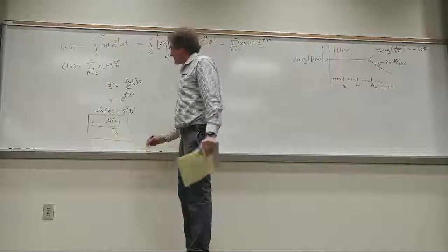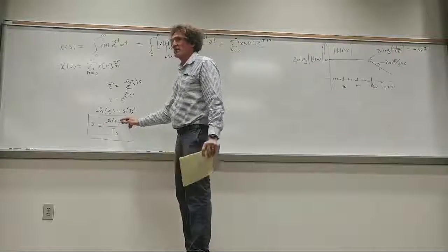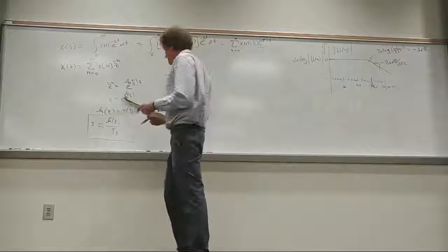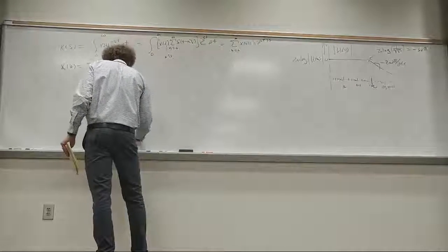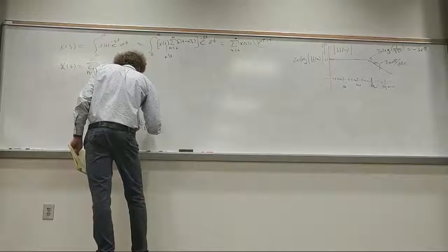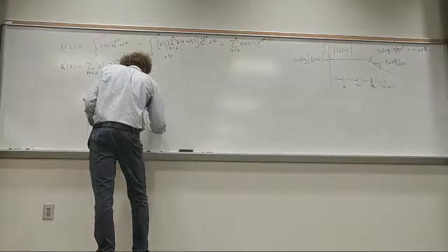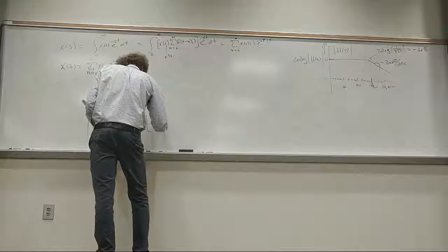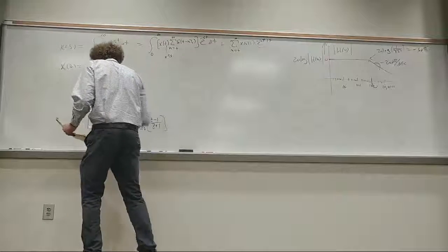I have to tell you one thing: you can get an approximation for the natural log of z, and that's going to be z minus 1 over z plus 1. So I can say that this furthermore can be approximated as 1 over Ts times z minus 1 over z plus 1. This is an approximation now for the log of z.